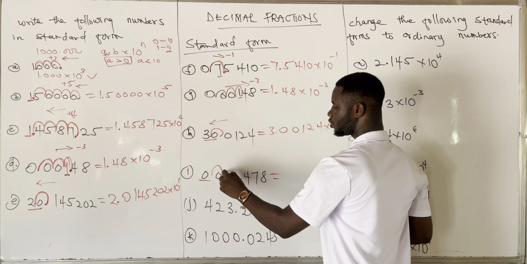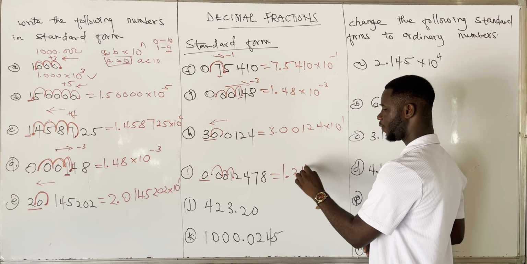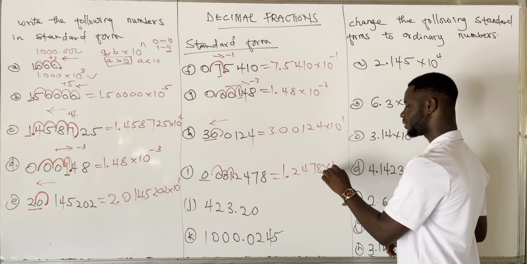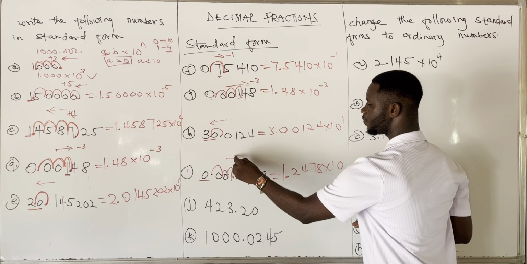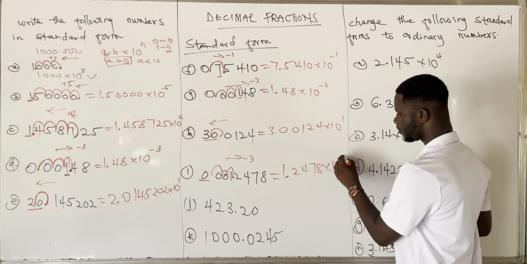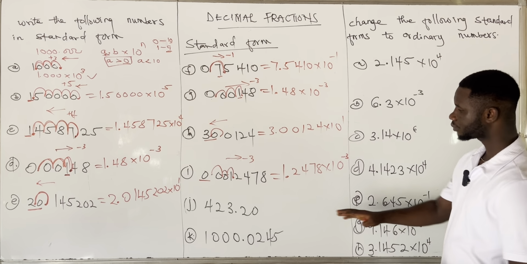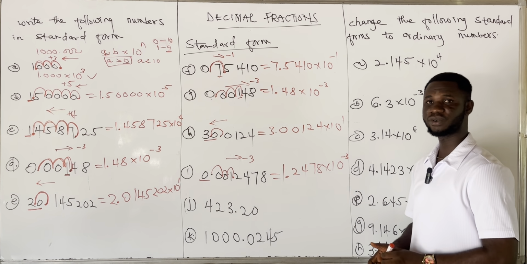We are going to move 1, 2, 3 to this side. Get 1.2478 times 10 raised to the power. How many times do we move? 1, 2, 3. We move to our right, so we are going to get a negative exponent. So that will be a power of negative 3. So try and solve these two yourself and put your answer in the comments.